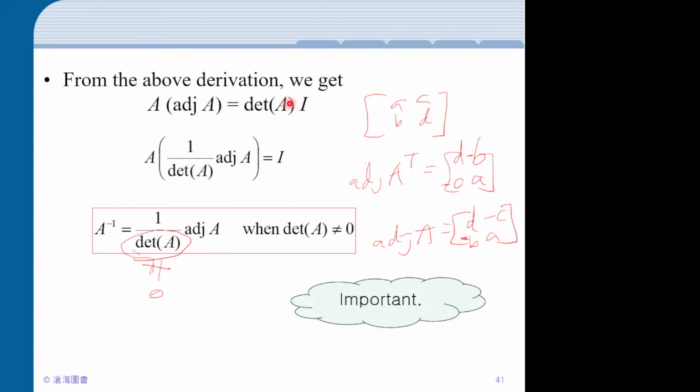Then you just divide both sides by the determinant of A, because it's just a scalar, so you can put it anywhere.